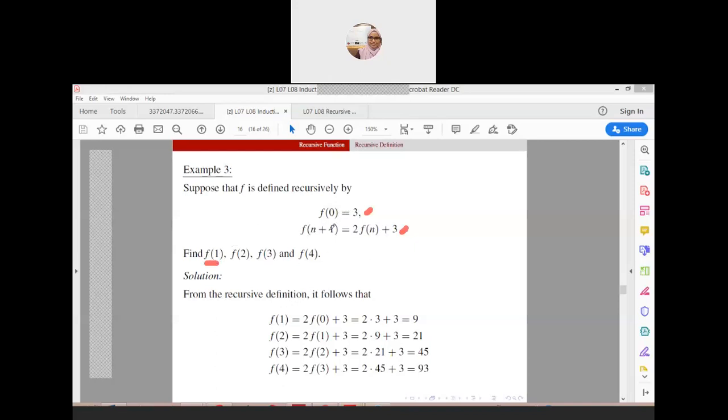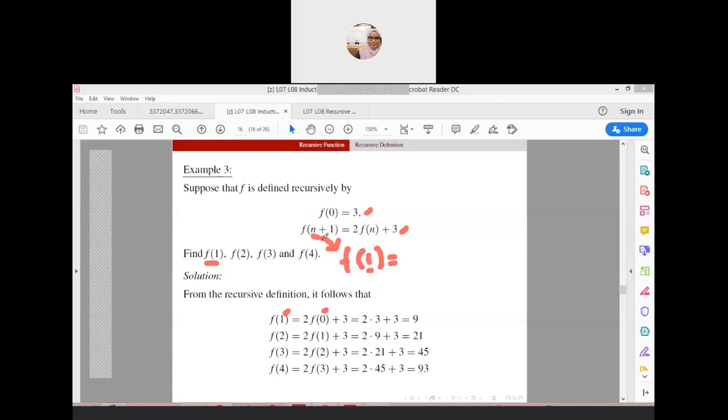f(1) is equal to 2f(0) plus 3. How can we get 1 here and 0 here? Look at the number inside the bracket, which is 1, right?